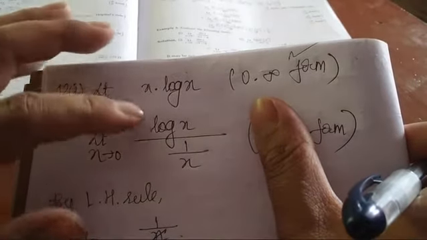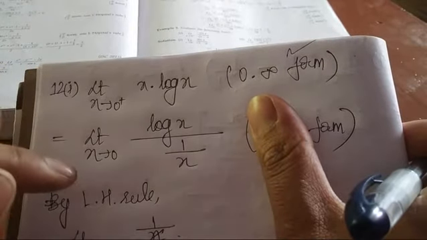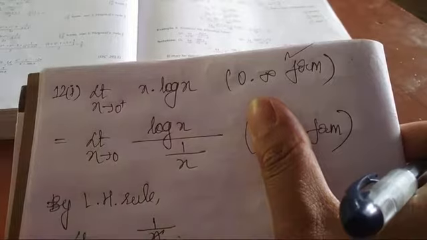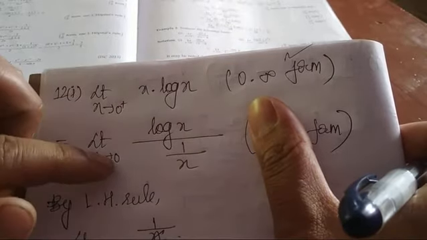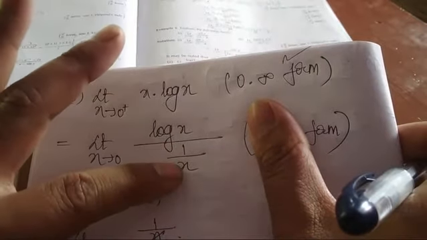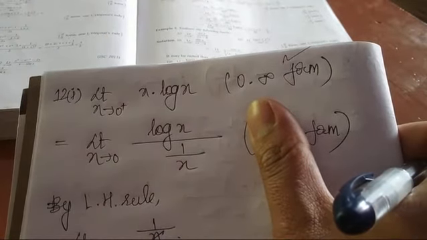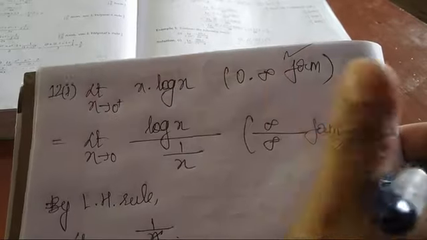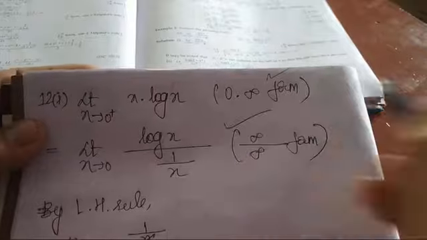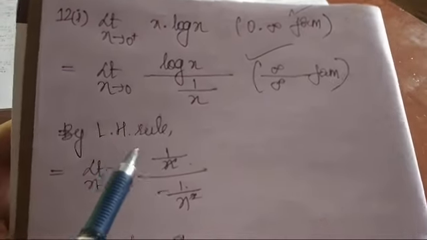Now if I make it 1 by x, we check the limit: log x divided by 1 by x. x tending to 0, log 0 is infinity, and 1 divided by 0 is also infinity. So what is the form then? It is infinity by infinity form. I hope you are clear till here. Once it is infinity by infinity form, then again I can use L'Hospital's rule.